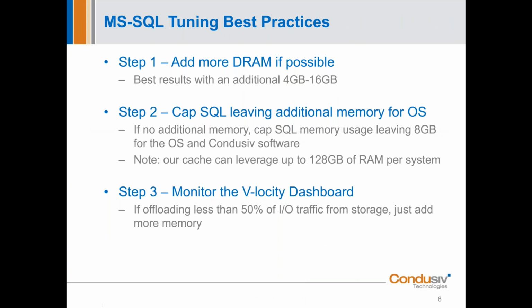Now, at this point, some of you might be thinking, yes, but SQL is already using most of the available memory in the machine. How can you possibly create a RAM cache? And it's true that if SQL is left uncapped, there probably wouldn't be enough RAM for Velocity software to create a cache effectively.